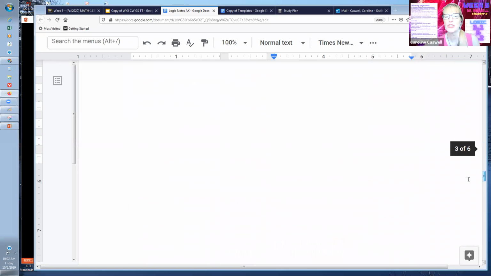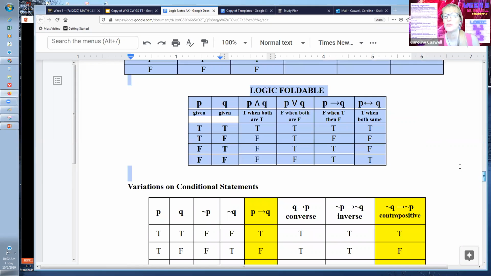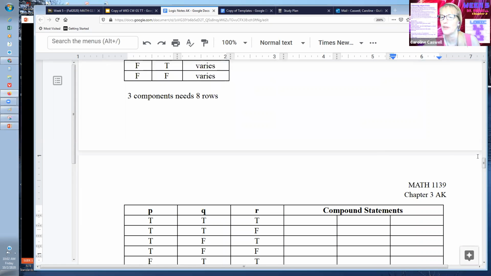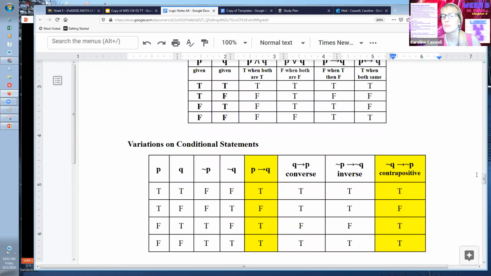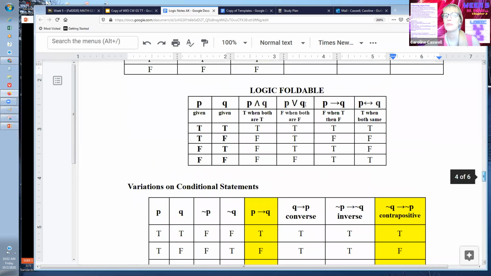The other place I want to show you on your notes, I've also given you this thing, called a logic foldable. I'm going to give that a little highlight. I also find that that's a good spot.